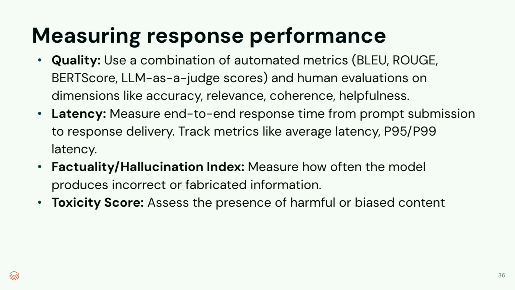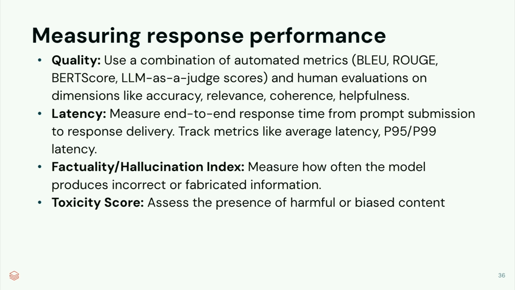Latency: end-to-end measurement of the latency, understanding the average latency, P99, P95, and all the systemic aspects of that. The third one would be factuality, understanding how often the model is producing incorrect or fabricated information, and having some way to compute a hallucination index. Again, you would want a human in the loop to make sure this is done correctly.